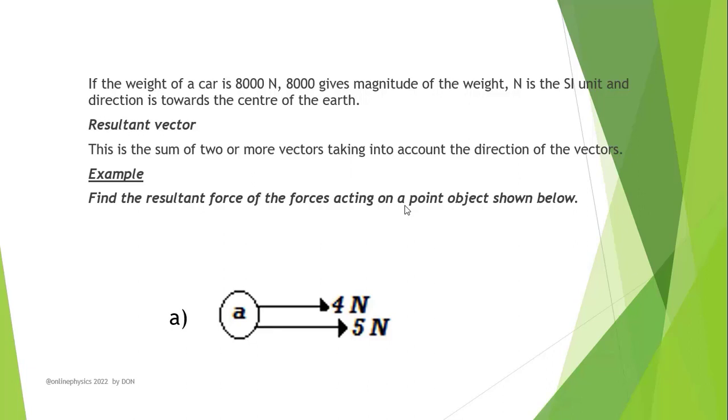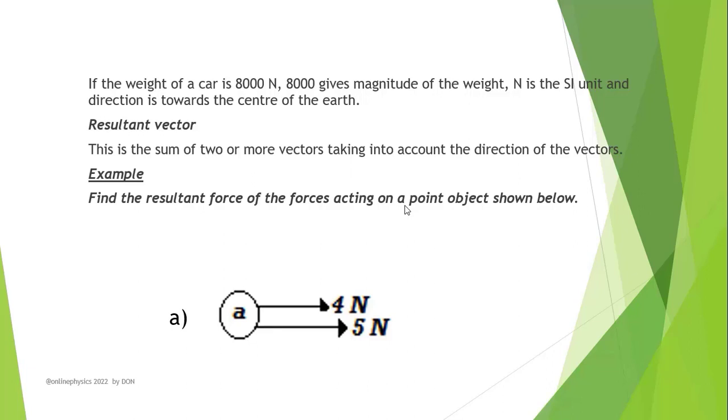If the weight of a car is 8,000 newtons, 8,000 is the magnitude of the weight. Then newton is the SI unit and the direction is towards the center of the earth, because weight is a force, and the weight of an object acts towards the center of the earth.